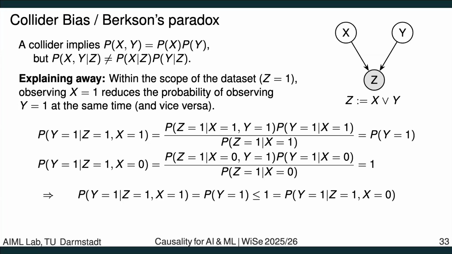In this case, we get the probability of Y being 1 just being the probability of it being 1 independently, so it's the marginal or base probability. But in the other case, this is the trick of explaining away: if we have X equals 0, we require Y to be 1, because otherwise we wouldn't have this image in our data set. Because we only observe those data where X or Y is 1. So if we know X is 0, then the probability of Y needs to be 1.